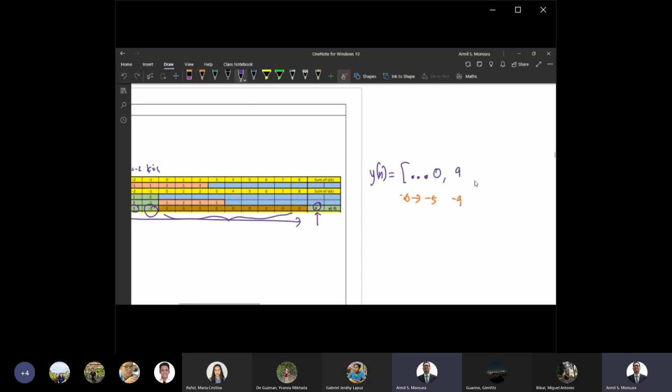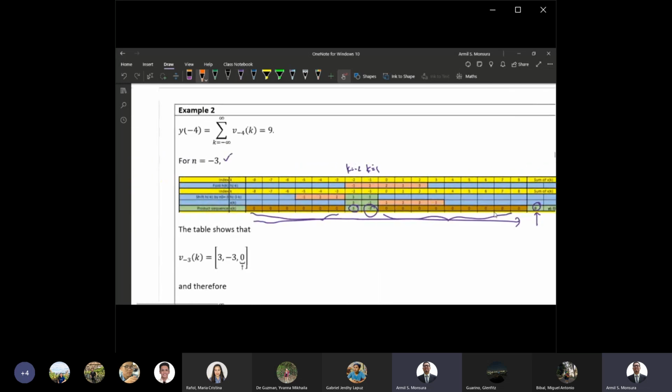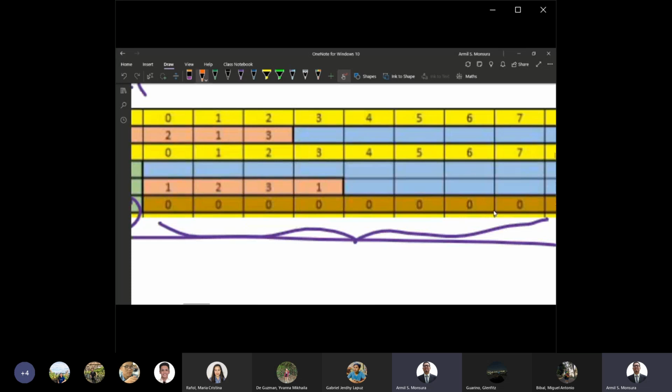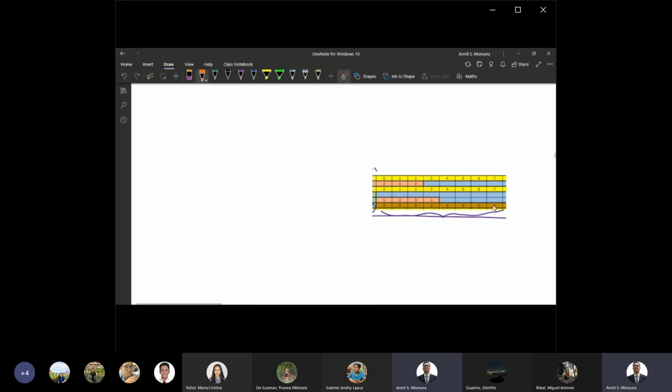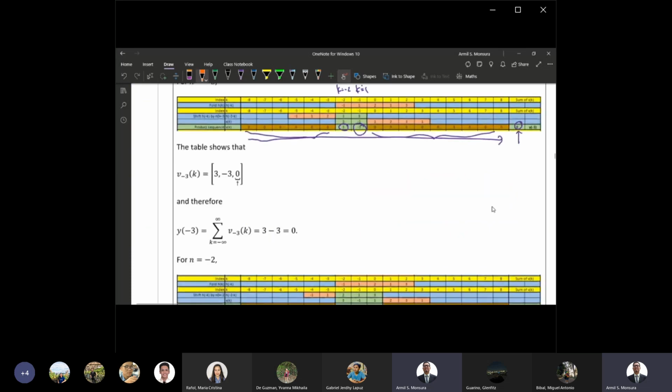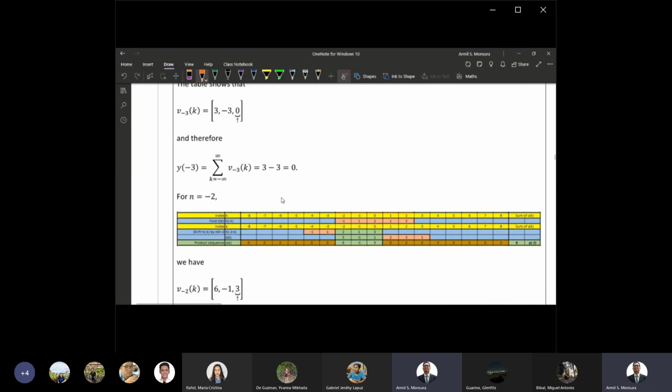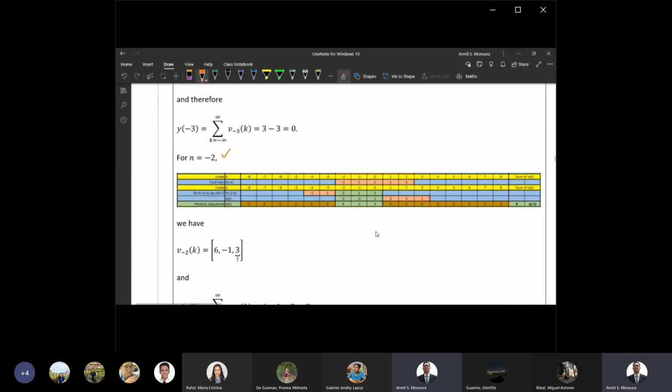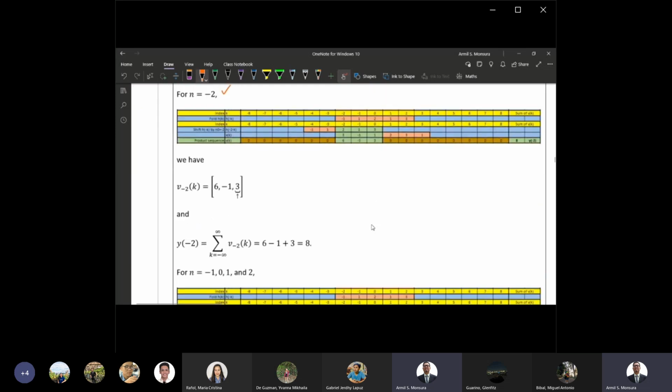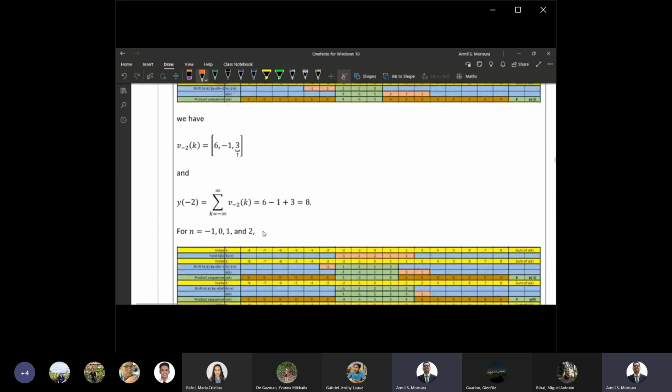Tapos nakakuha tayo ng value na 0 for n equals -3. Now, I want you to continue on yung implementation ng algorithm niya for n equals -2. So, for n equals -1, 0, 1, and 2.